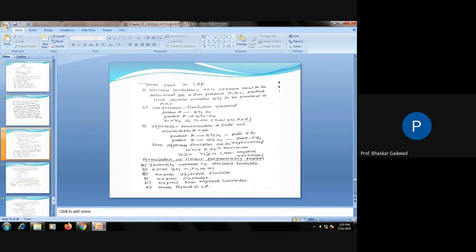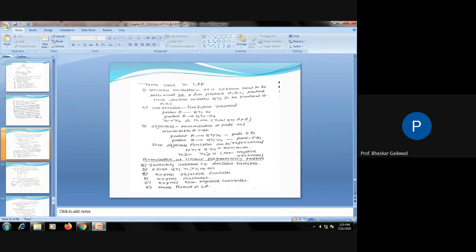Product A quantity is x1, this is a variable. Then product B quantity is x2. So if you combine both quantities x1 plus x2, then it should be equal to or less than 10,000.